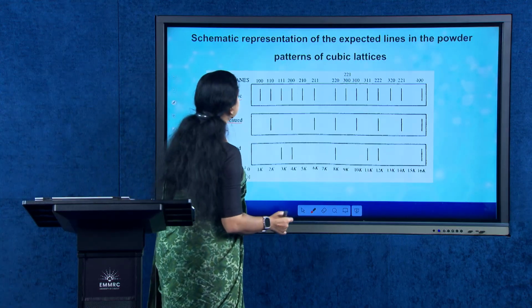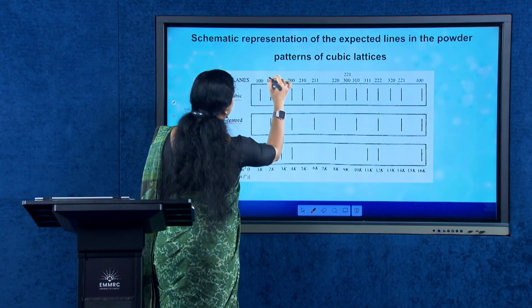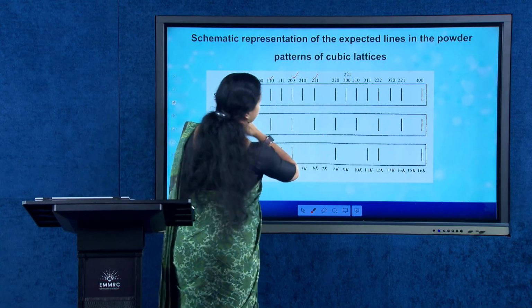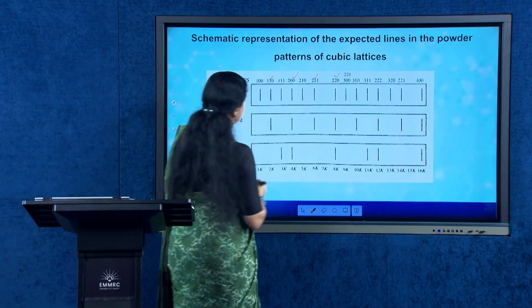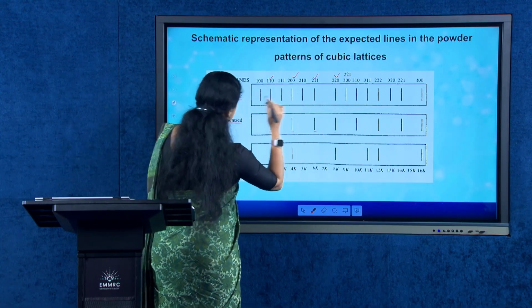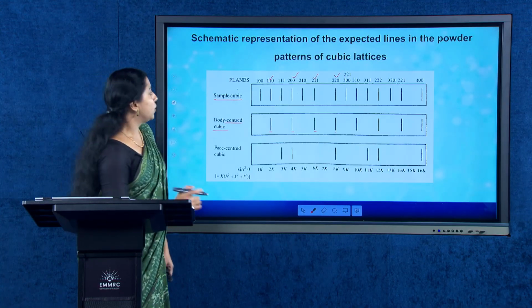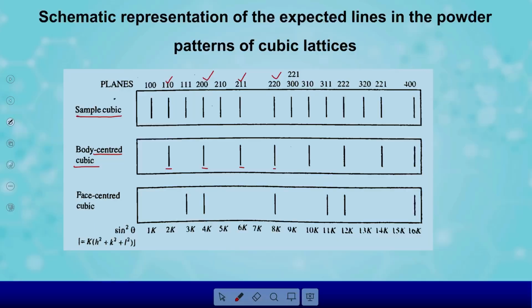So, when we look at this pattern, you can see that there is reflection from the 110, then 200, 211, 220, etc. So, these are the lines, and you can see that the H plus K plus L values are even, whereas the reflections from 100, 111, 210 are absent, and such absent reflections are known as systematic absences.